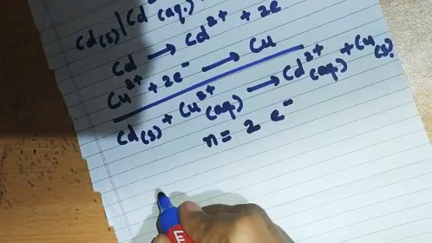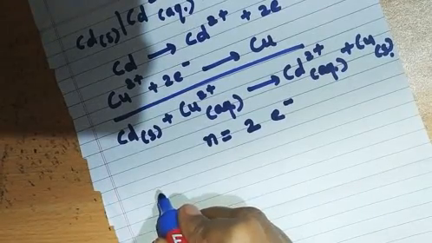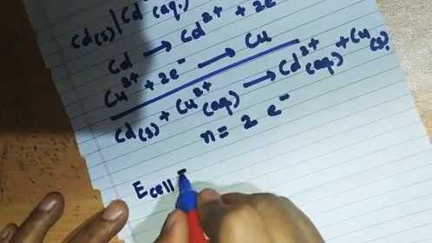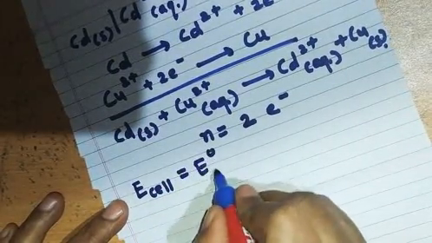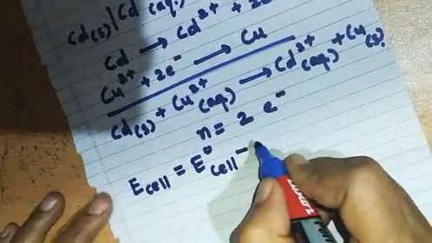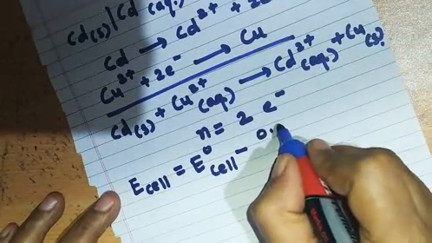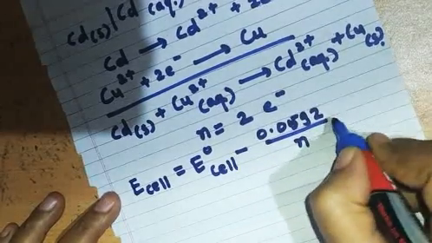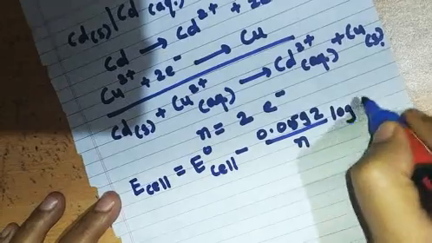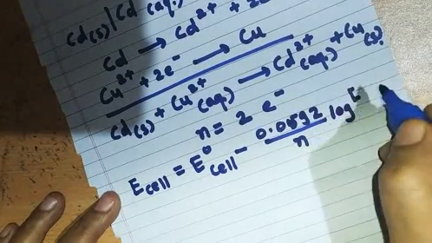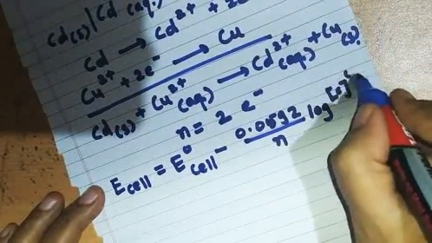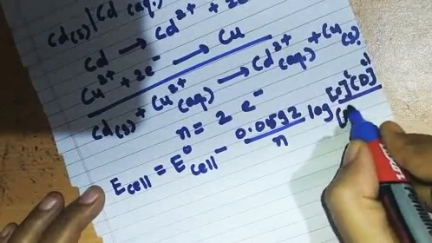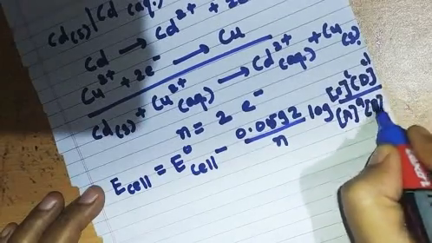Thus, we have the Nernst equation we learned: E cell is equal to E naught cell minus 0.0592 divided by n log base 10 of C raised to c into D raised to d upon A raised to a into B raised to b.